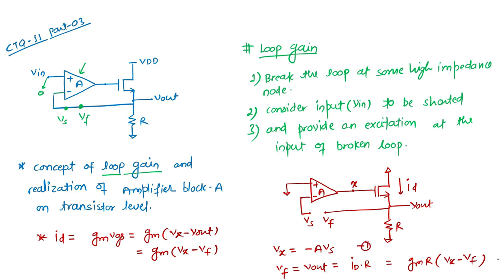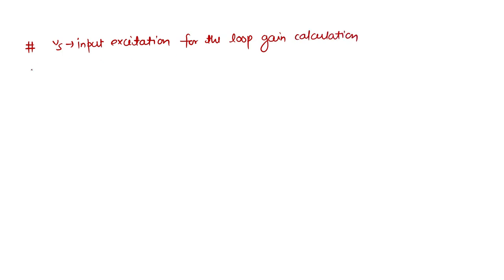This is the one equation, this is the second equation, and we can solve these equations and write the transfer function in terms of Vf by Vs, because now we have the different excitation, that is Vs, my input excitation for the loop gain calculation. Okay, and V feedback is the feedback. Our target is to calculate V feedback by Vs. This is my minus of loop gain, it will come.